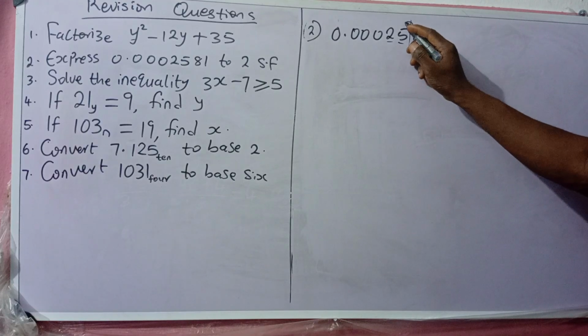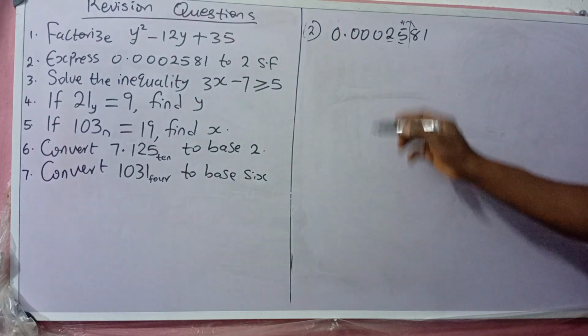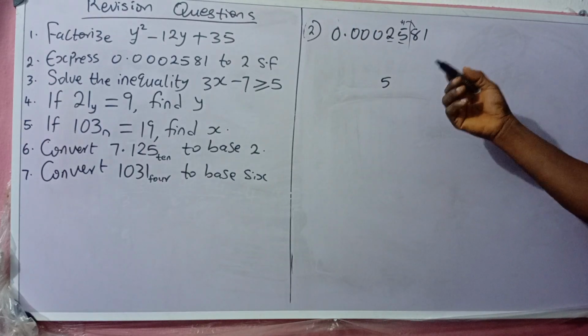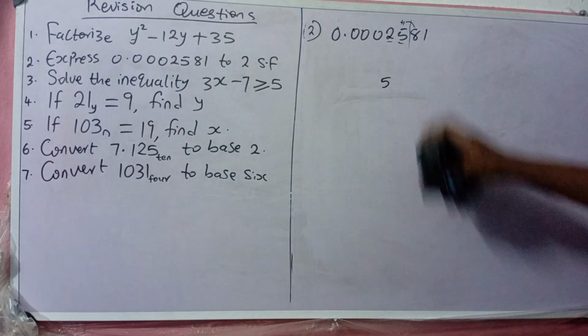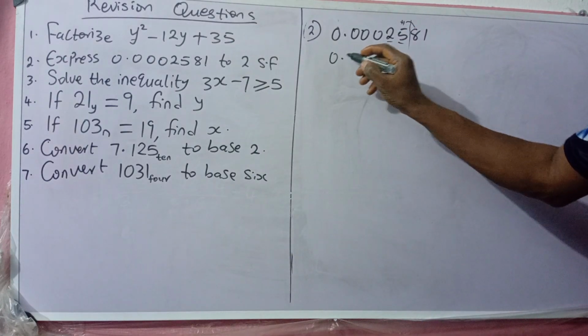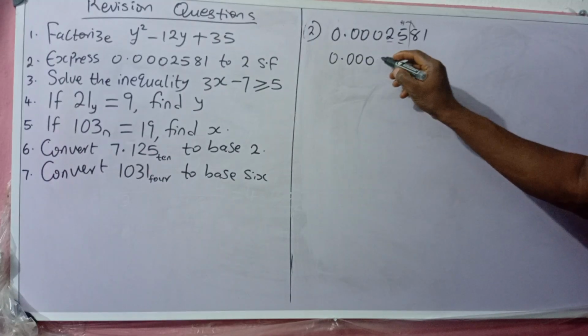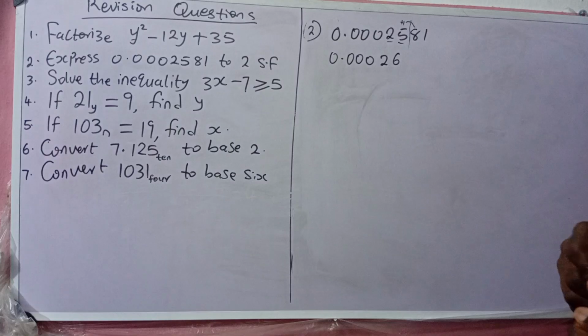But can 8 round up a number? Yes. The numbers that can round up another number begin from 5: 5, 6, 7, 8, and 9 can round up another number. So for that reason, our answer will be 0.00026, because 1 plus 5 will give us 6. That is the answer to two significant figures.